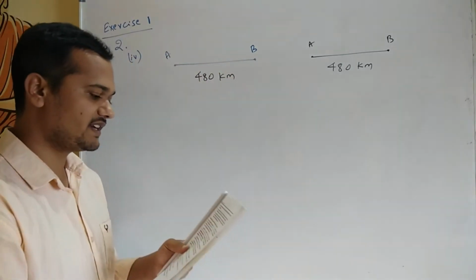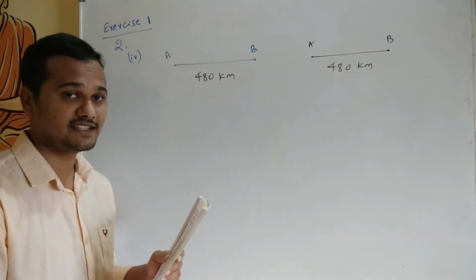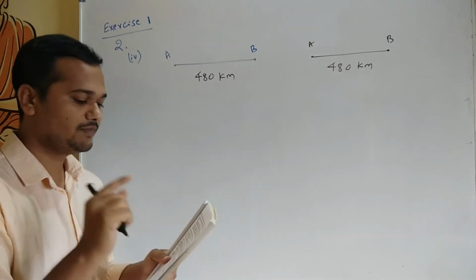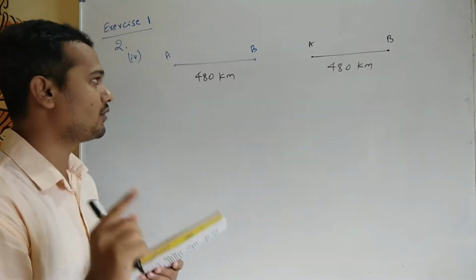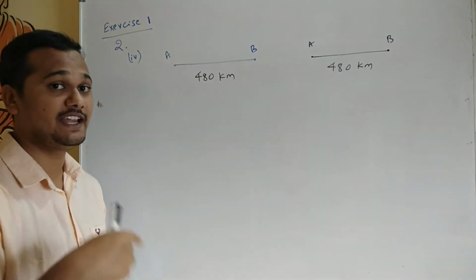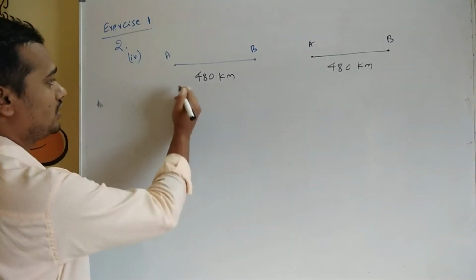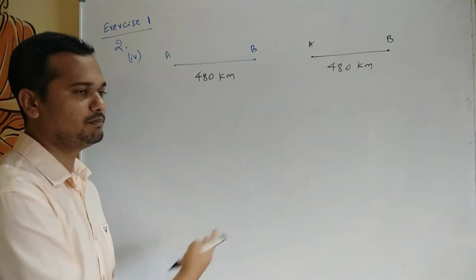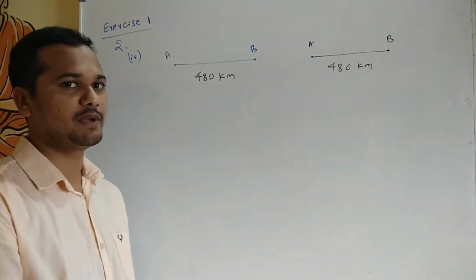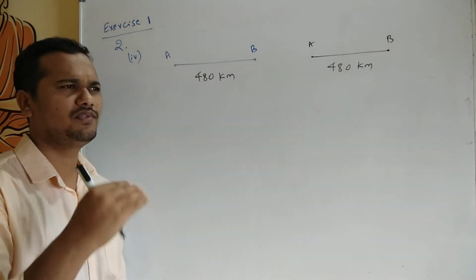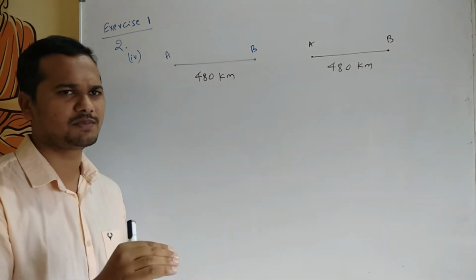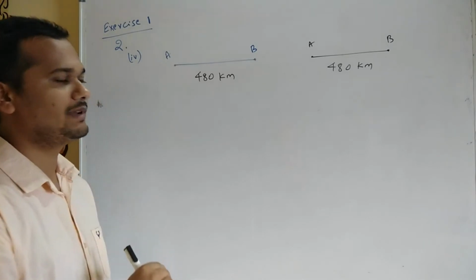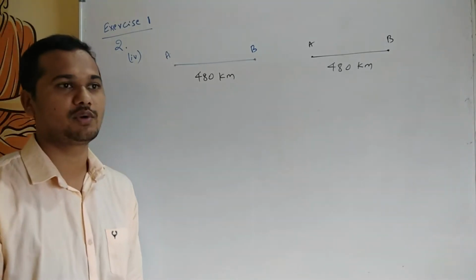What is our next sentence? The next sentence is very important. If the speed had been 8 km per hour less. Whenever you start solving a problem, either from quadratic equations or pairs of linear equations, most students struggle with the first step, like what to take as x and what to take as y.